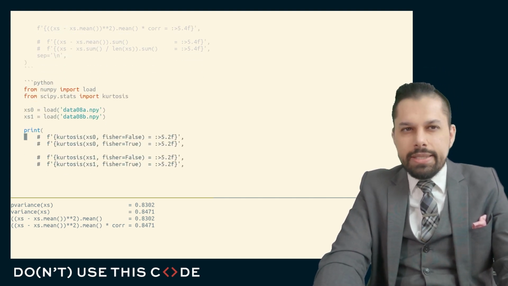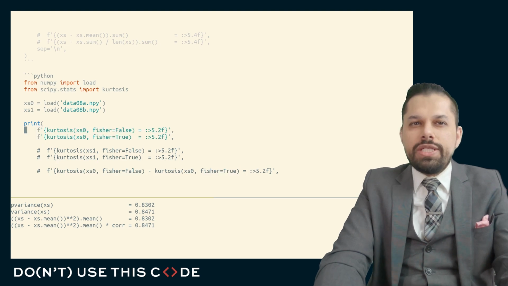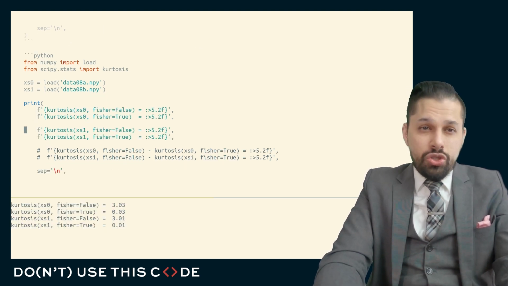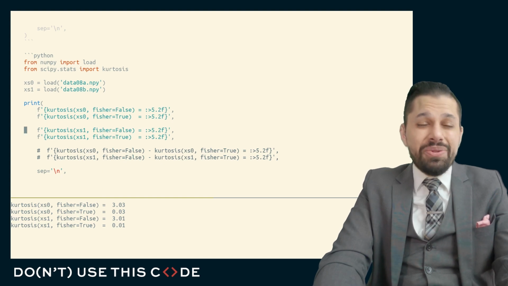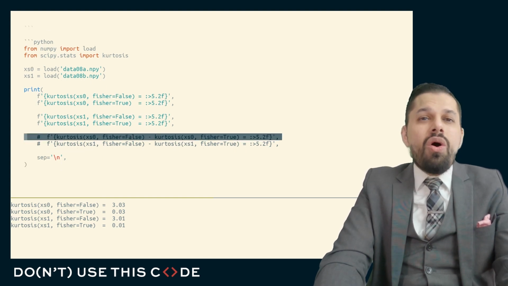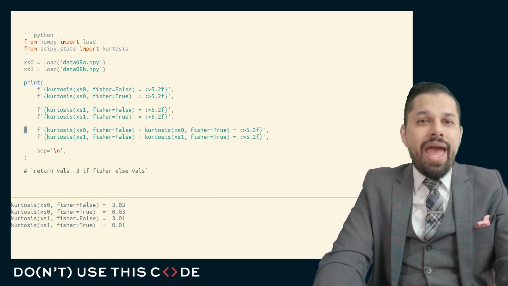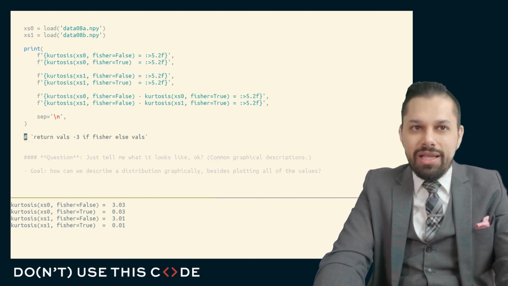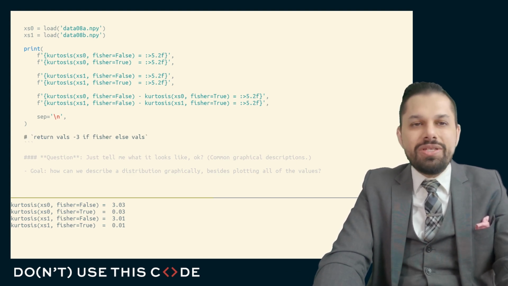Lastly, you may have spotted that in some cases I've used Fisher equals true, Fisher equals false for the kurtosis. There are two formulations for the kurtosis. You know what the difference is between the two? One of them is minus 3, and I actually looked at the code for scipy.stats.kurtosis. The last line of scipy.stats.kurtosis is return values minus 3 if Fisher, else values.